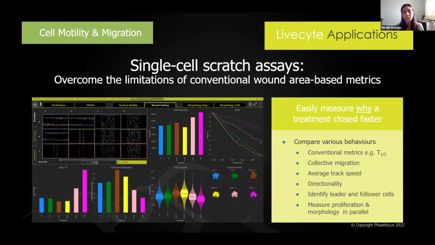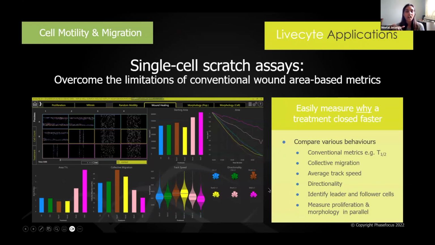And what we include is things like the conventional metrics. So you can see you've got your T.5, so looking at the point at which 50% of your wound area is closed, and also wound closure rate. But we've also got other metrics. So we can look at the track speed of the leading edge cells, so the cells that are right at the edge of the wound which are moving in, and we can see their directionality.